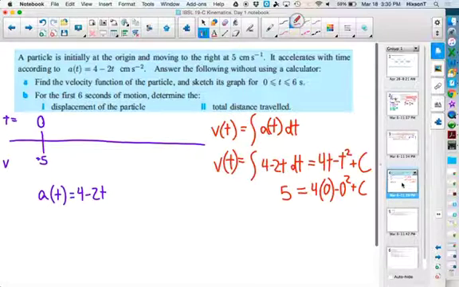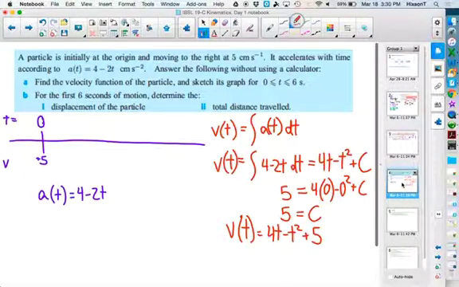Now we can calculate the fact that c equals 5. So now we have our velocity function. Our velocity function is 4t minus t squared plus 5. So that right there, that's part A.